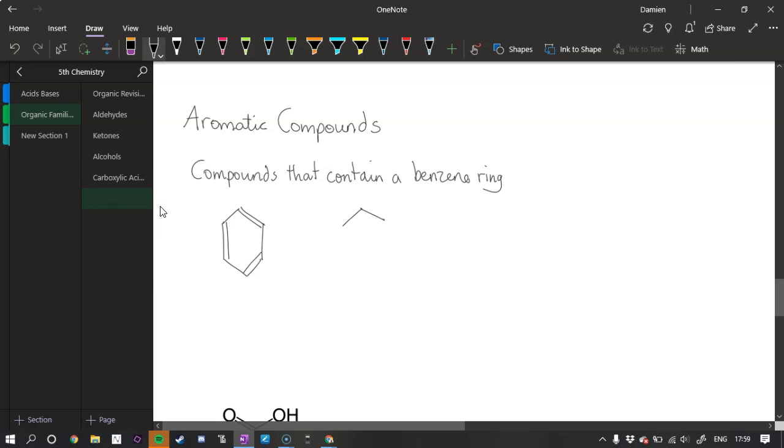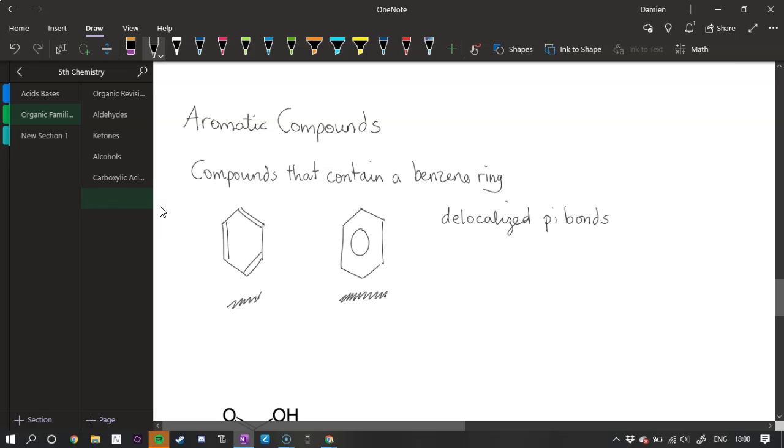But that can also be drawn as a hexagon with a circle in it, and there's a reason for that. That's due to something called delocalized pi bonds. I'm not going to get into that just yet. It's something we need to look at models for in school, so we'll look at it again when we hit 6th year. But generally, benzene rings should be drawn like this, although it doesn't matter if you draw it on the left either. It makes no difference.